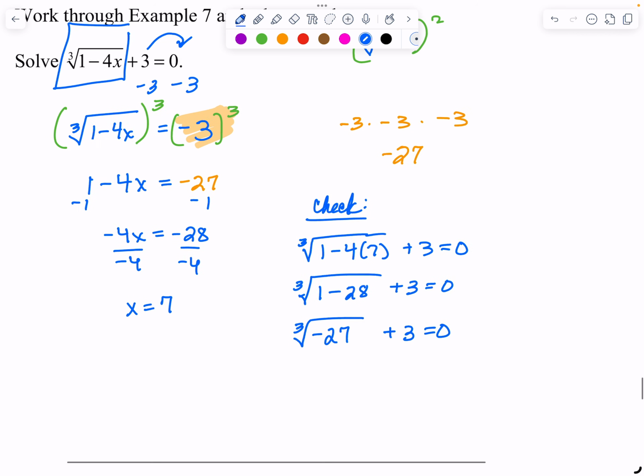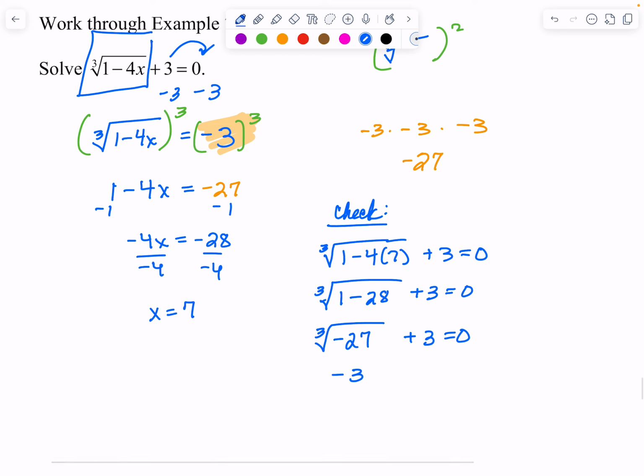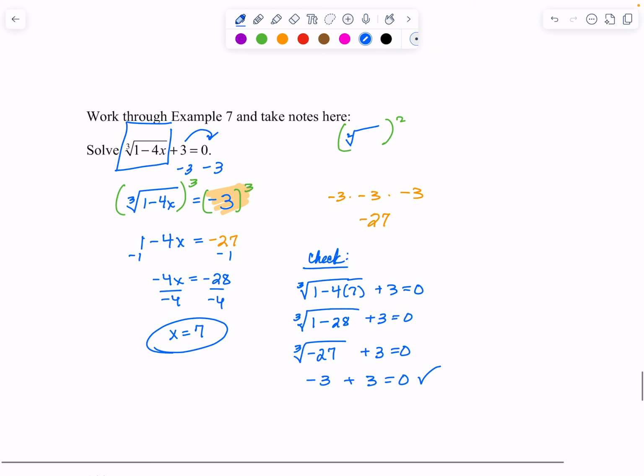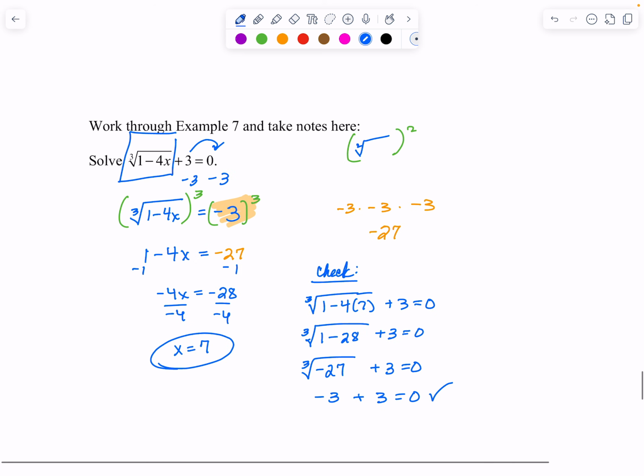Well, the cube root of negative 27, remember what that's asking: what times itself 3 times gives me negative 27? Well, we have it right there, negative 3. So that's negative 3 plus 3 equals 0, and that's true. So my answer is 7. All right. Now, that is all we have for 1.6.